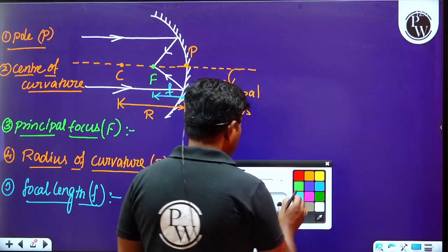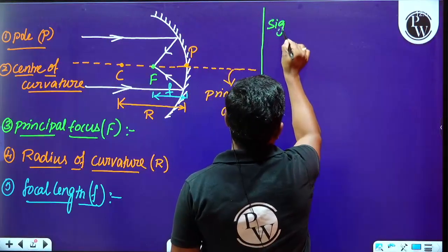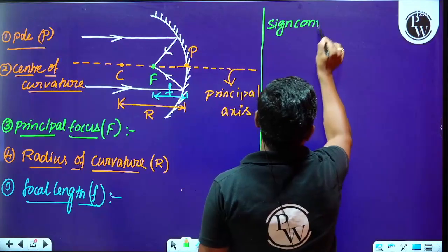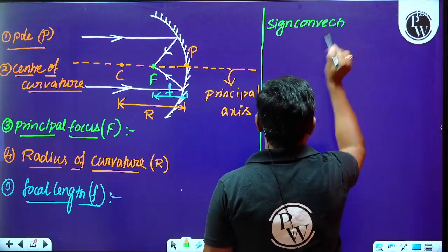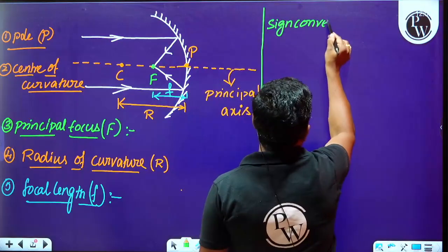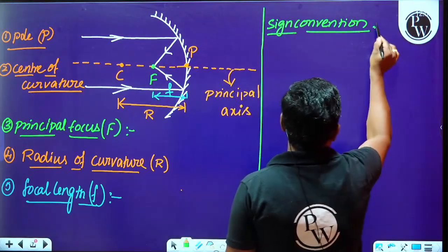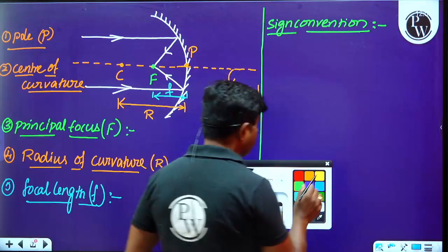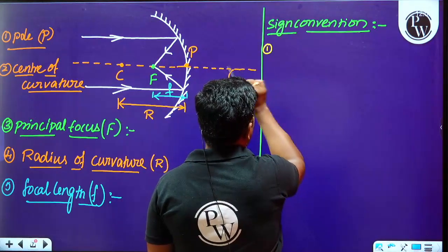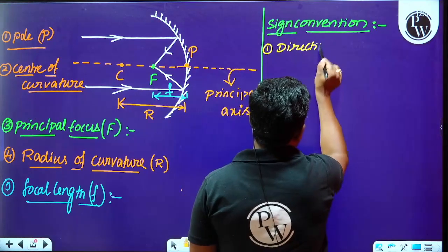Now let us understand what the sign convention is. It is very important here. How can we understand the sign convention? Please make sure you are understanding each and every point. First point, we have to consider the direction of the light.